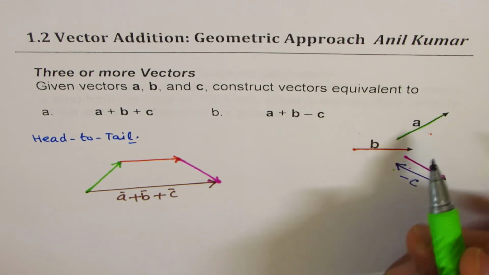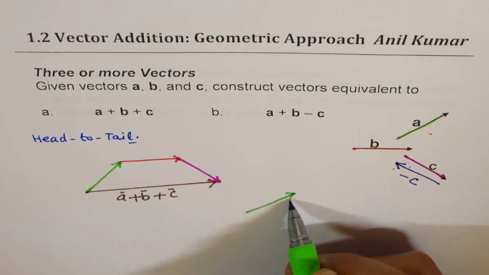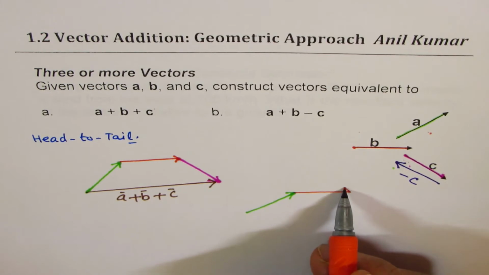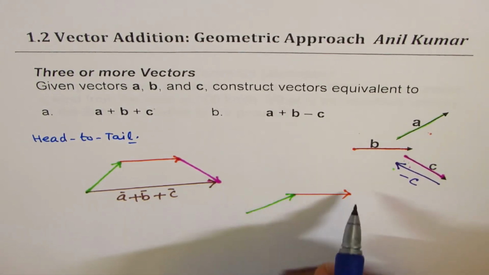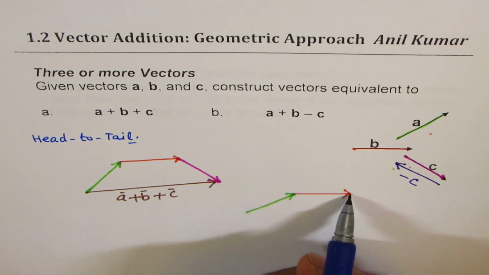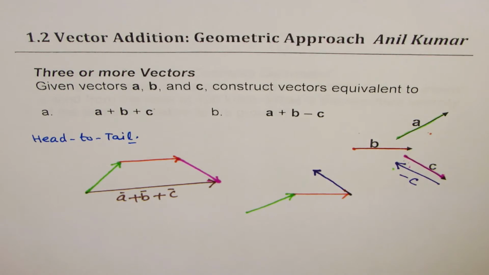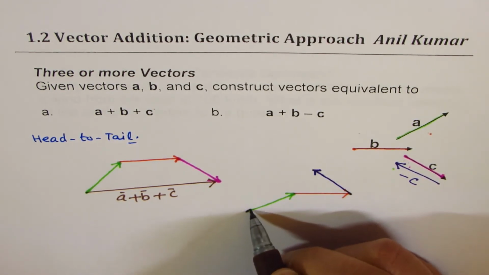So we'll again go with vector A. Let's say this, right? So we say vector A, parallel and same length. Vector B, which is here. And this time the vector C will be in that direction, right? So the net result will be from the starting point to the terminating point.